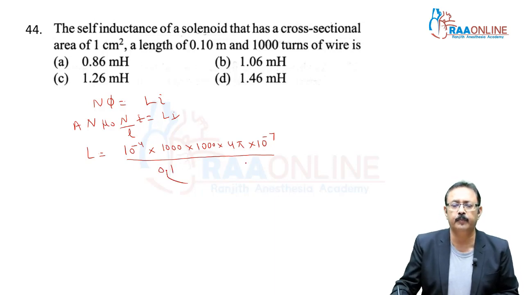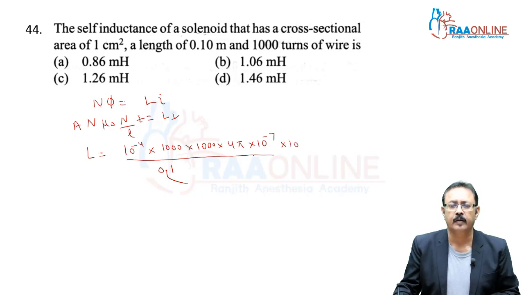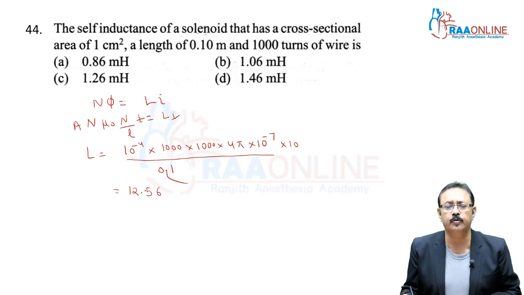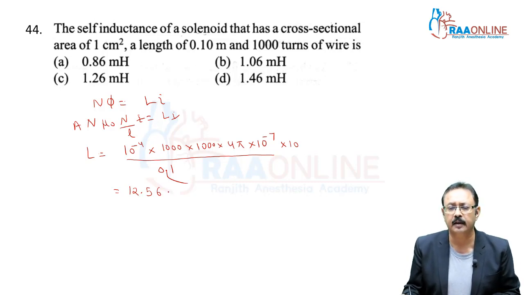Remove the decimal, put 10. 4 pi means 3.14, 3 into 4, 12.56. It is 12.56, 10 to the power minus 4 and minus 7, minus 11 and plus 7, so minus 4 Henry.